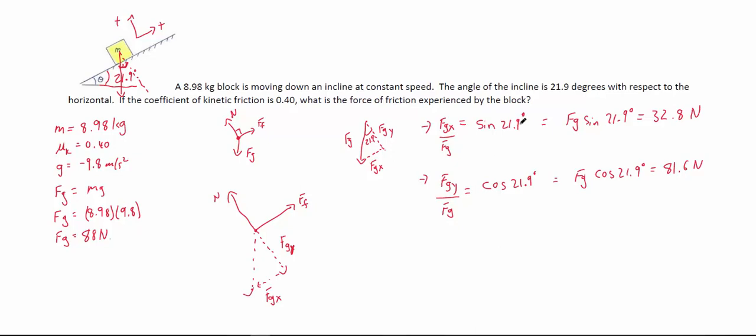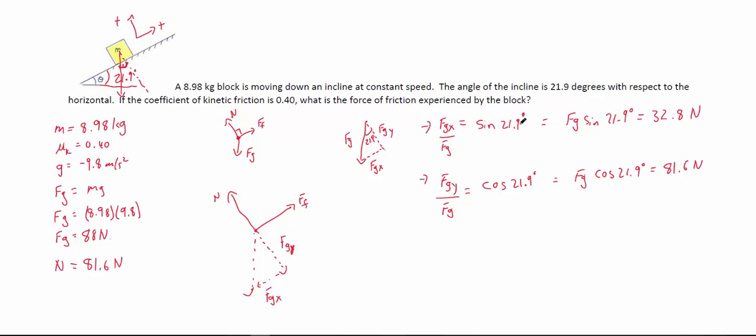This box isn't accelerating off the surface or through the surface, so the normal force has to be equal to the force of gravity in the y direction. So our normal force has to be equal to 81.6 newtons, because it's the y component of the force of gravity.